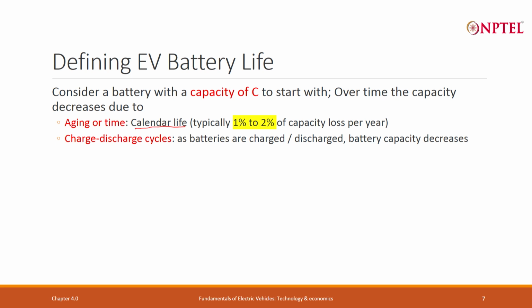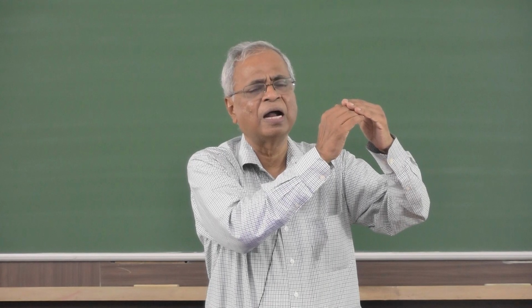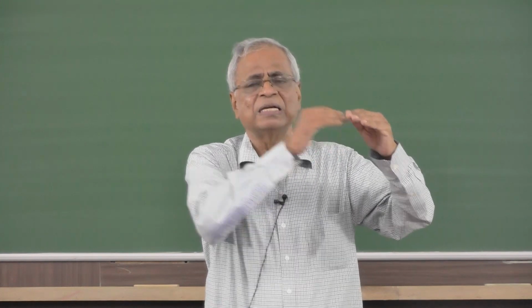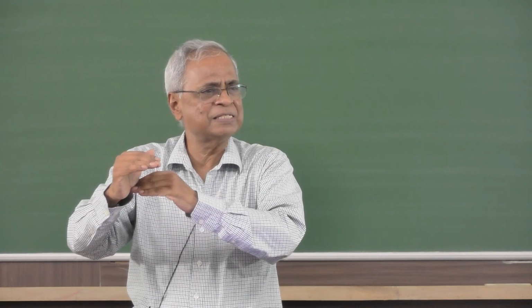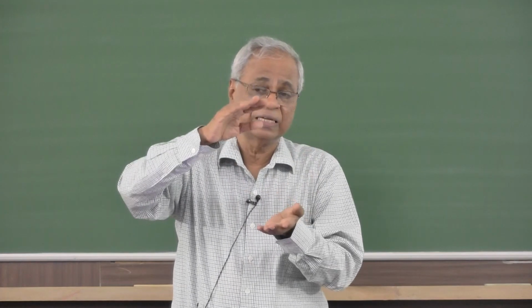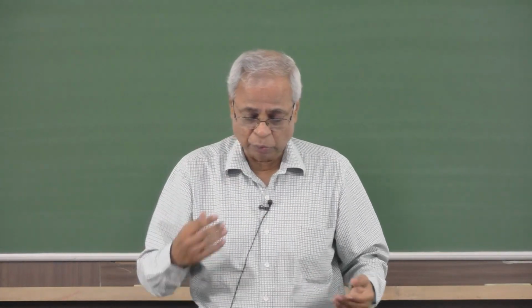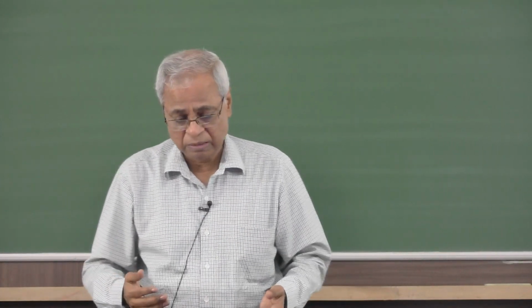Similarly, each time you charge and discharge the battery, it is called 1 cycle, and the battery capacity slightly goes down. A battery is defined as, let us say 2000 cycles, it will go from 100% capacity, a new battery, to 80% capacity, meaning the battery capacity has gone down to 80% of the initial capacity.